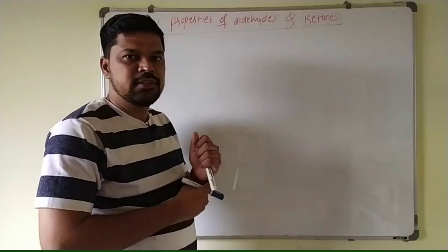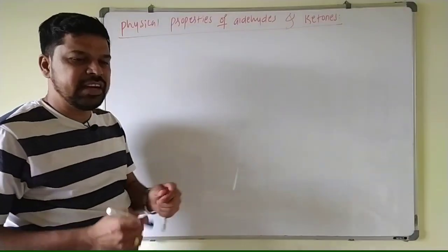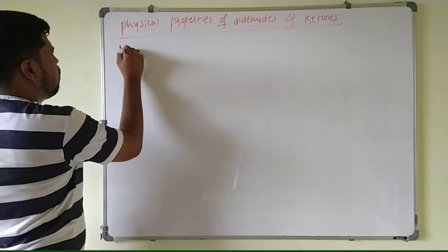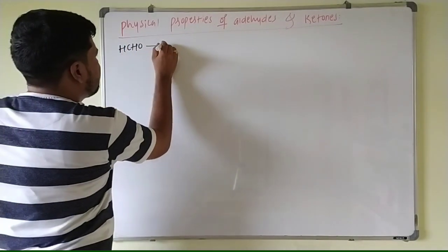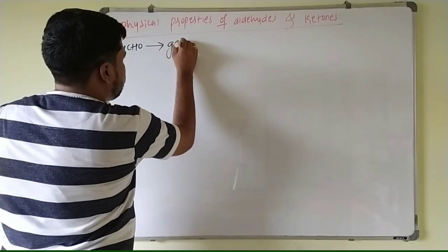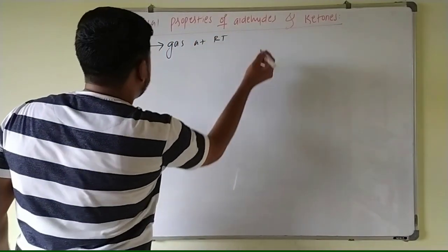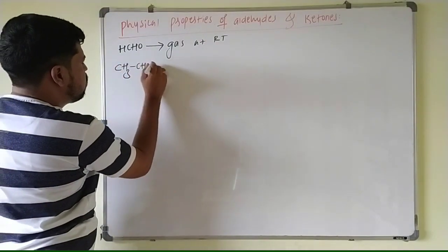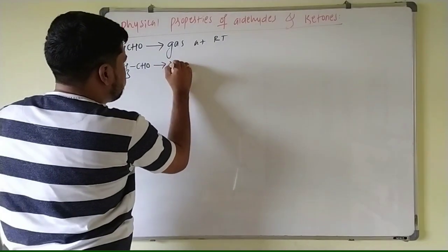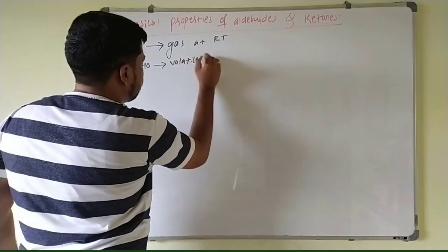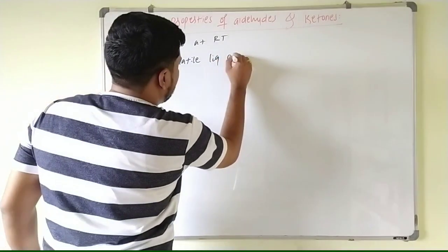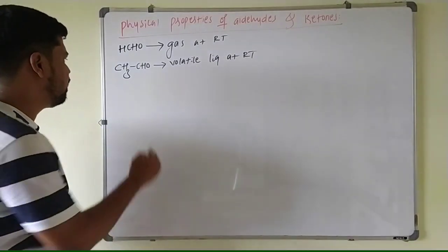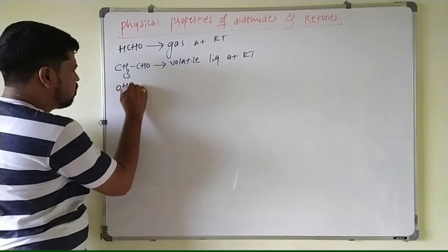Next point. So the next point is the physical properties of aldehydes and ketones here. First we will go for physical states. Formaldehyde is gas at the room temperature. If you take acetaldehyde, CH3 CHO, 2 carbon aldehyde, this is a volatile liquid at the room temperature, and other aldehydes and ketones are all solids at the room temperature here.